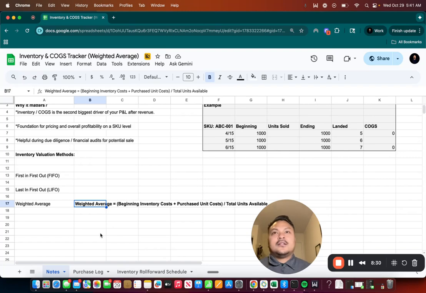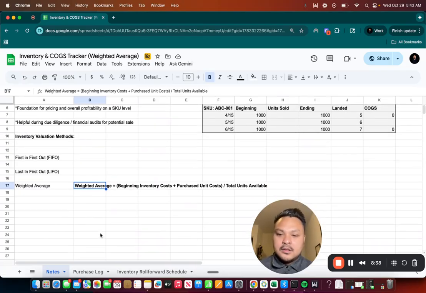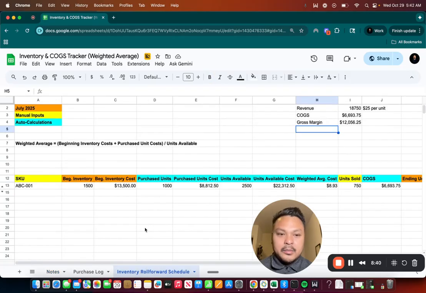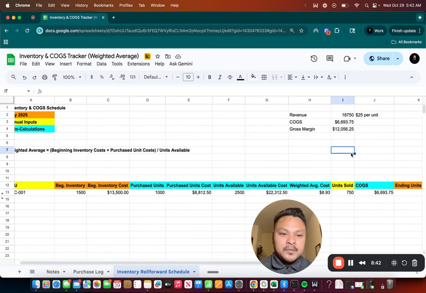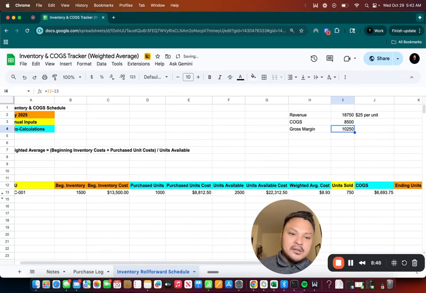Because if your cost of goods is overstated, then you're understating your profitability, right? So going back to this, if instead of 6,600 it was 8,500, if you overstate it at 8,500, then your profitability is going to go down, right?